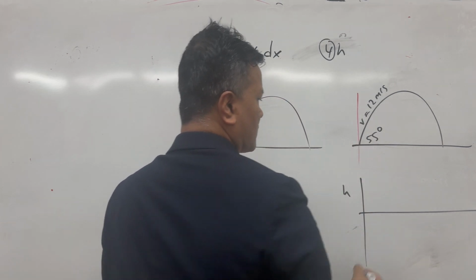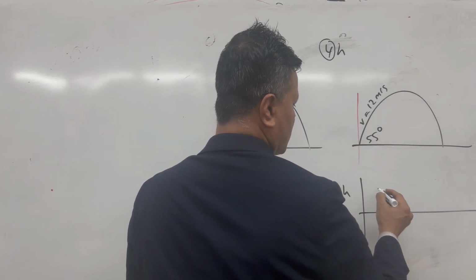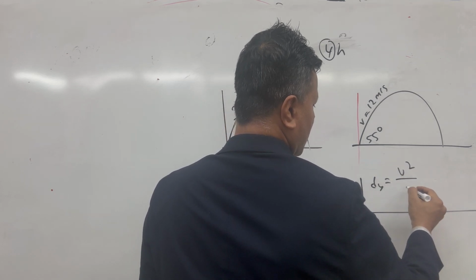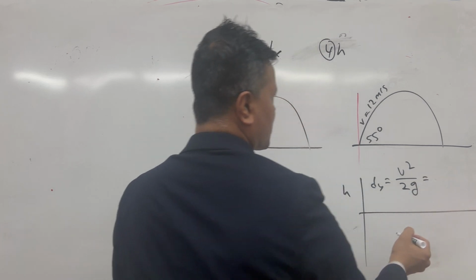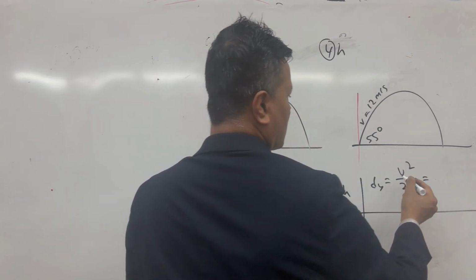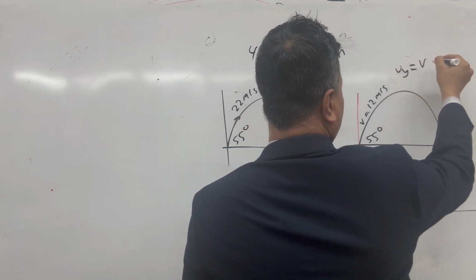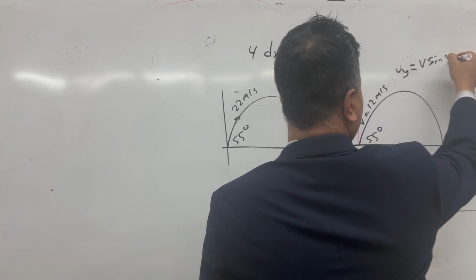Let's take a look. To find the height, you're going to use dy is equal to vy squared over 2g. So vy is v sine 55.